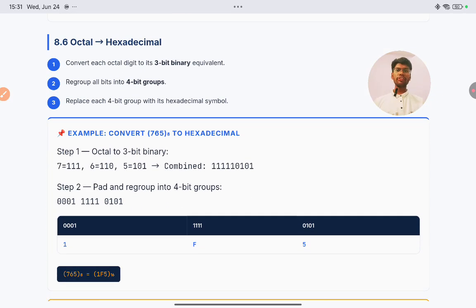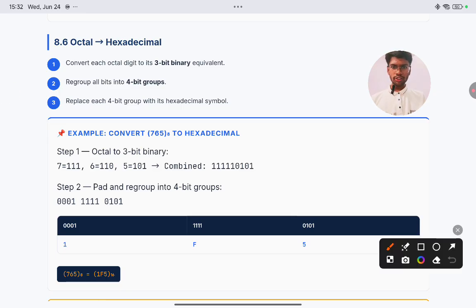Do the same thing when going from octal to hexadecimal. You have to convert to the 3-bit binary equivalent, regroup all the bits into 4-bit groups, and replace each 4-bit group with a hexadecimal symbol. Let's say we are converting this very small number, 765.